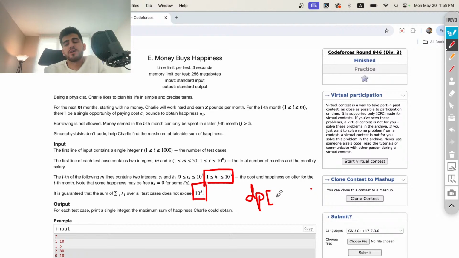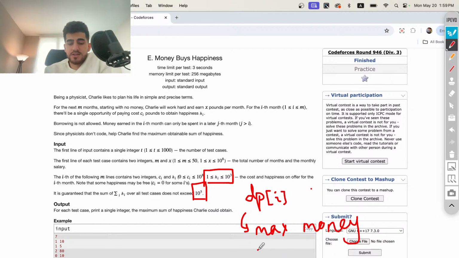dp[i] can be the maximum money I can have if my happiness is exactly equal to i.